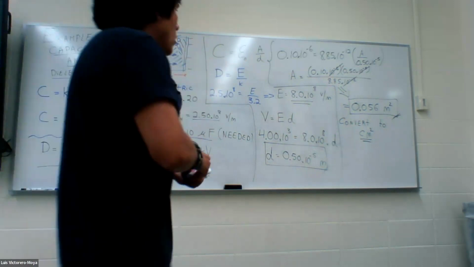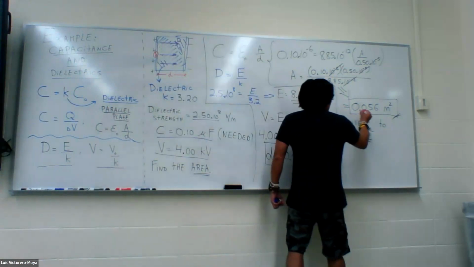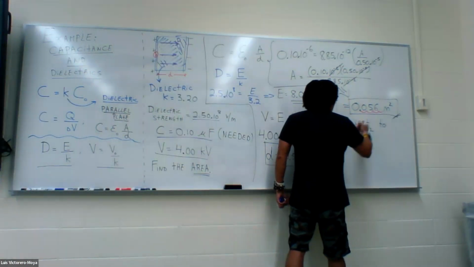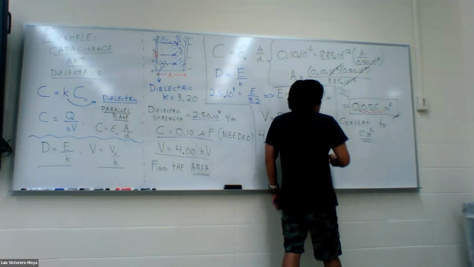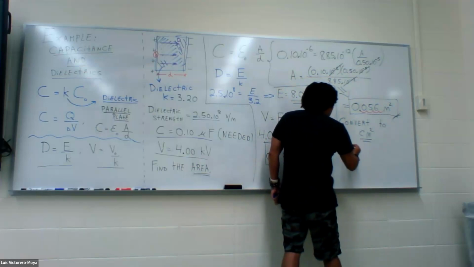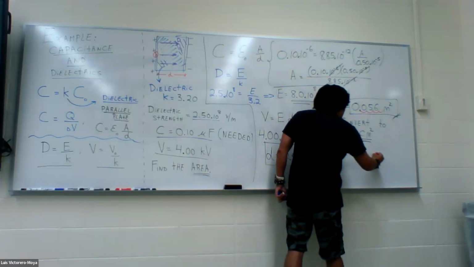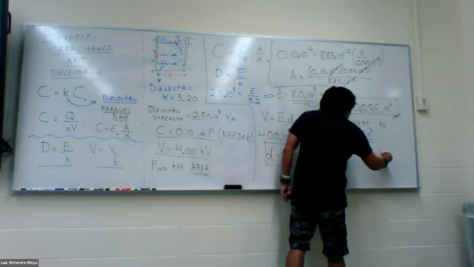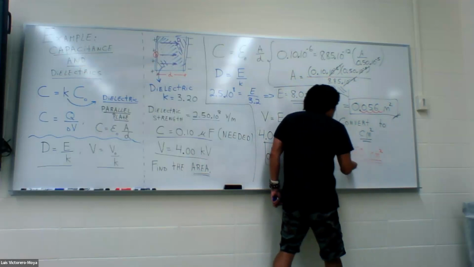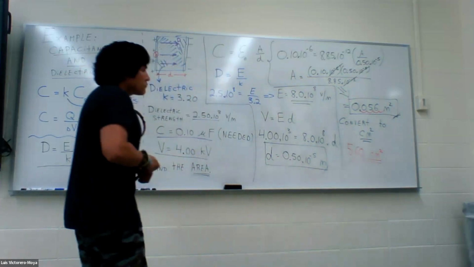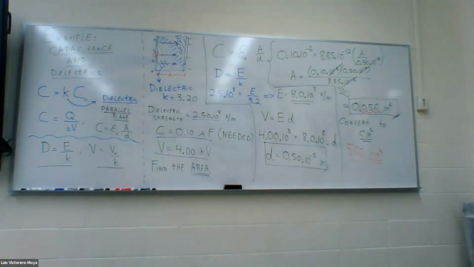So you move the dot, 1, 2, 3, 4. So that will give you 560 centimeters squared. And that's another example where we use the capacitance equation and the dielectric.